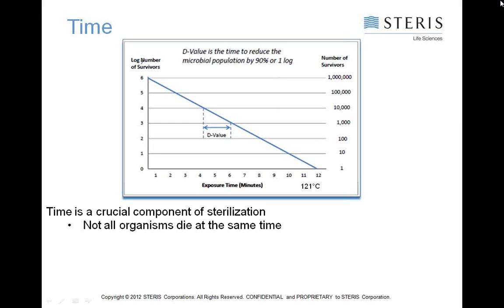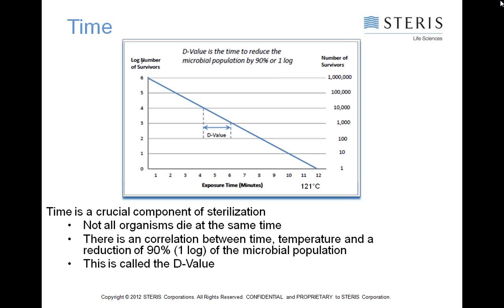And as you can see then, the amount of time that it takes to reduce that population by 90%, we call it a D-value. So in this particular graph, the time that it takes to go from 1 million spores, and I should add that these are Geobacillus stearothermophilus spores because that's an industry standard due to their resistance to moist heat sterilization, the time to reduce at 1 log is 2 minutes.